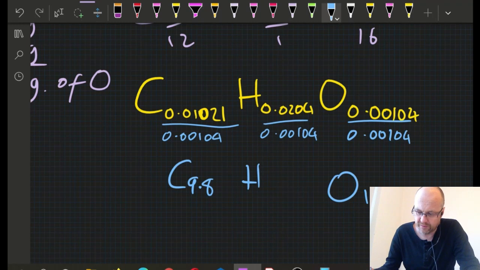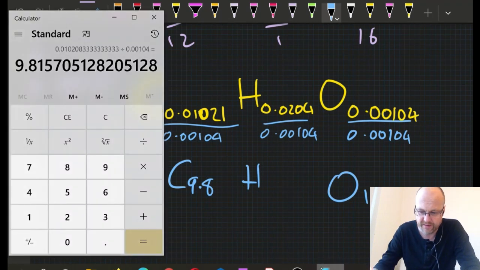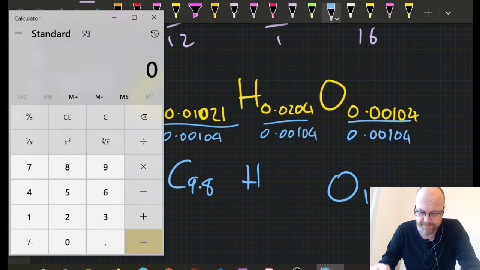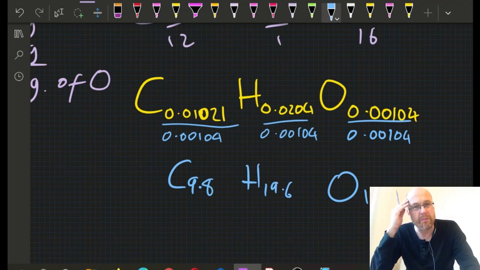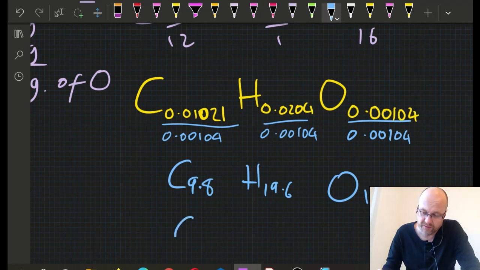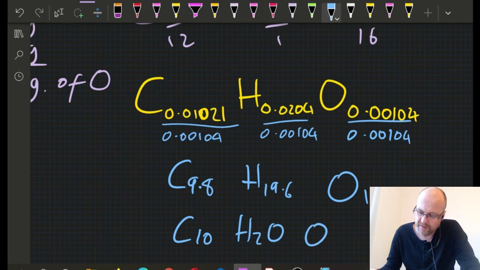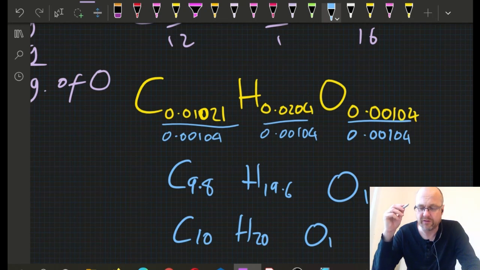And hydrogen, oh man, that 9.8 doesn't look good, does it? Hydrogen is 19.6. Now normally, if you've got a 0.8 or a 0.6, you wouldn't do what I'm going to do now, which is just round. C10H20O1.